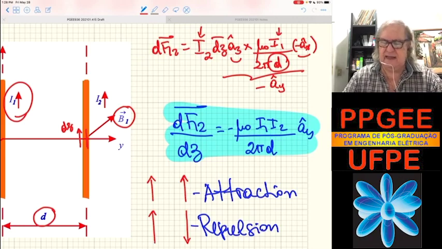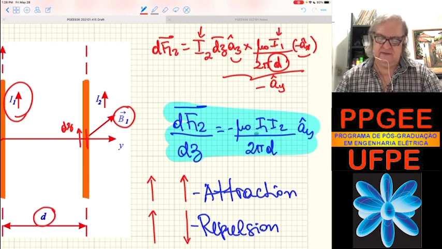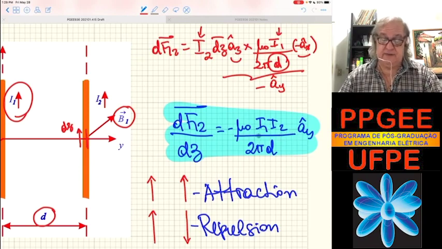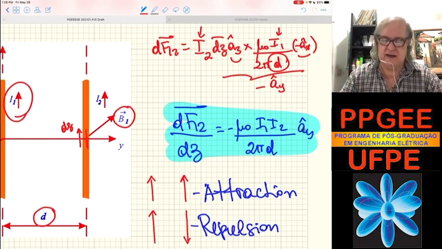So you can calculate then the force per unit length between two parallel wires. It's going to be this formula here. And that's what Ampere measured, this type of effect. So the force is the product of the currents divided by the distance, and the direction is along the line that separates the two wires, at 90 degrees to the wires.